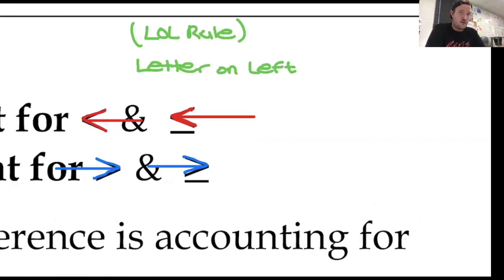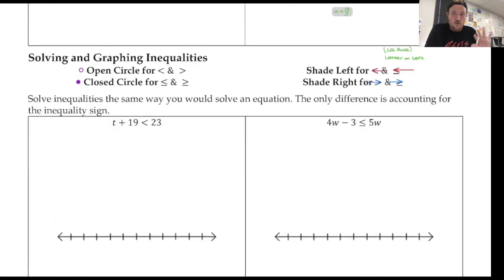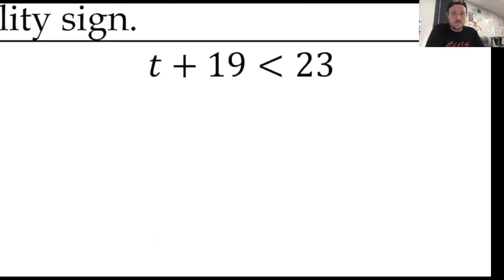So just like before in 1B, when I was saying don't be that person that writes the variable on the right side, this is why. So I do the LOL rule, letter on the left. Okay, so that'll be more apparent in a few problems later on. All right, so we're gonna go ahead and start solving these.